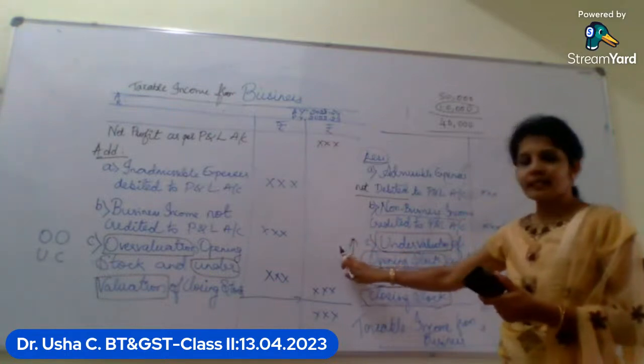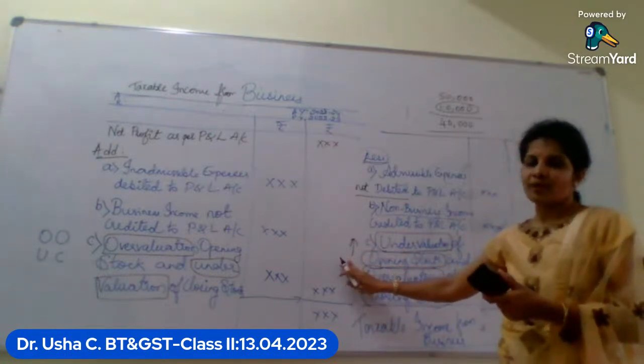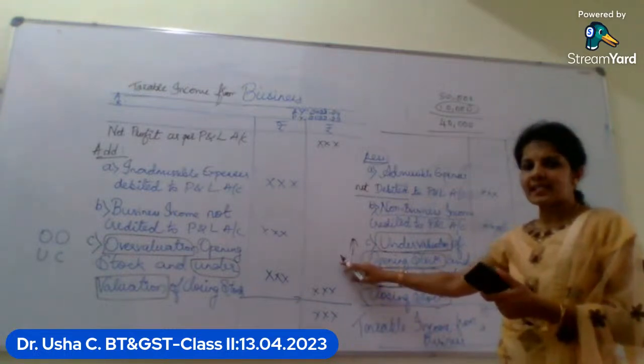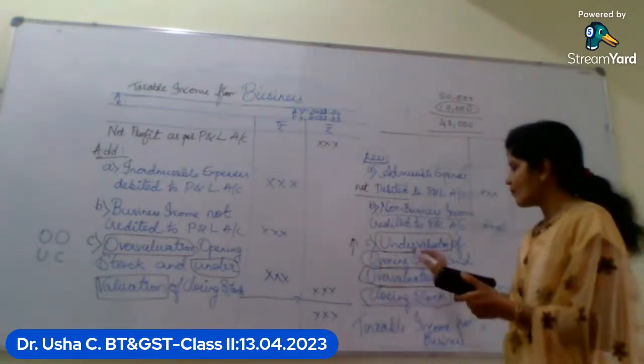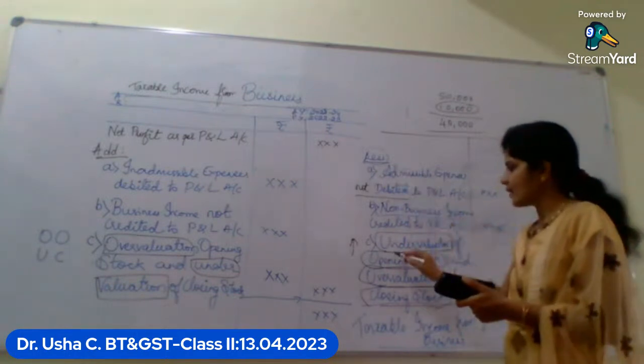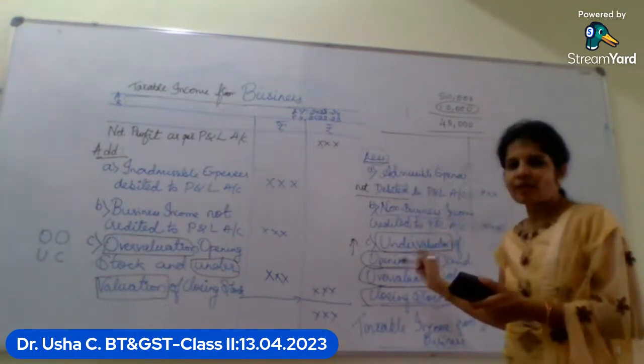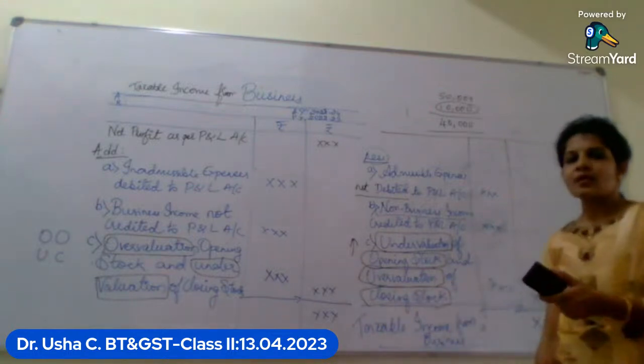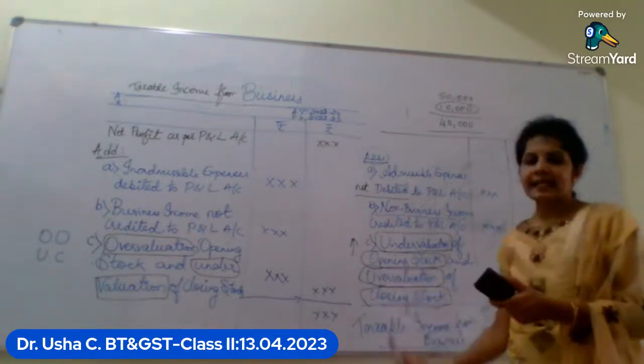So, in order to ascertain the appropriate profit, we need to deduct when there is an undervaluation of opening stock. Similarly, overvaluation of closing stock must also be deducted.